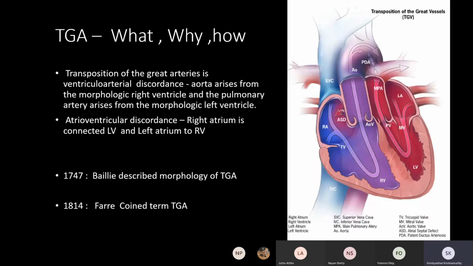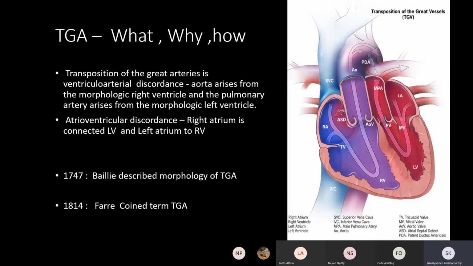So what is TGA? TGA is defined as transposition of great arteries, where there is ventricular arterial discordance. What it means is basically the aorta, as you can see on this figure, is arising from the right ventricle, and the pulmonary trunk is arising from the left ventricle.